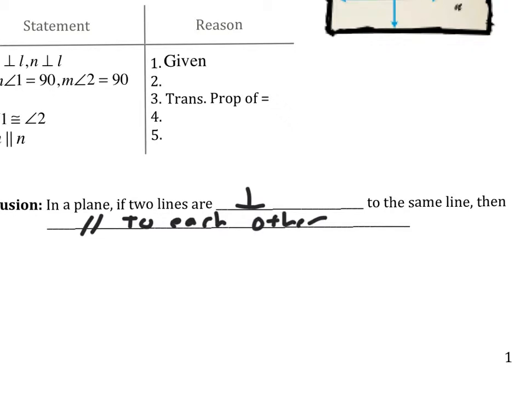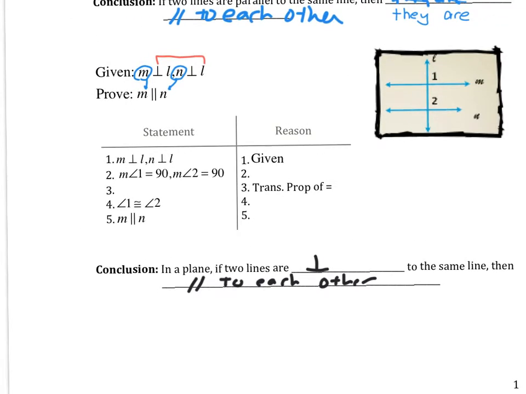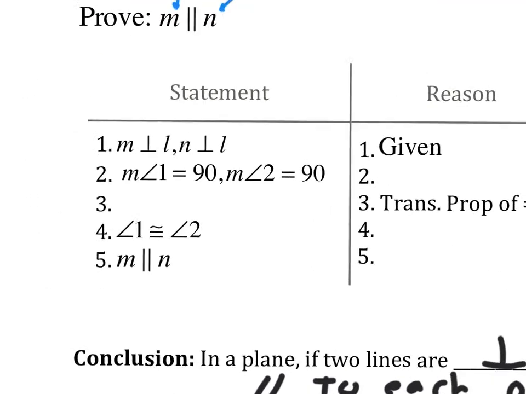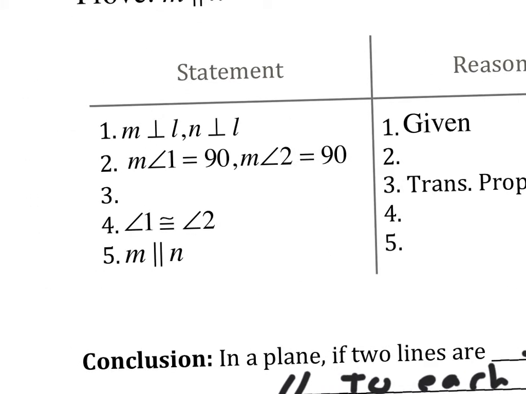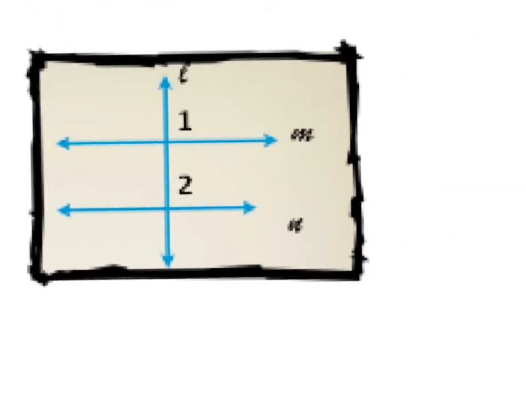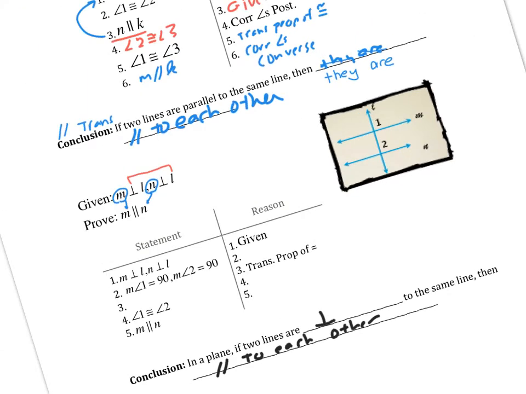Good, so now let's go ahead and prove that. Remember that as we go on a proof, one thing you should always do is mark it up. If it hasn't been marked, the moment you write it down, go over to your diagram and start marking things congruent.